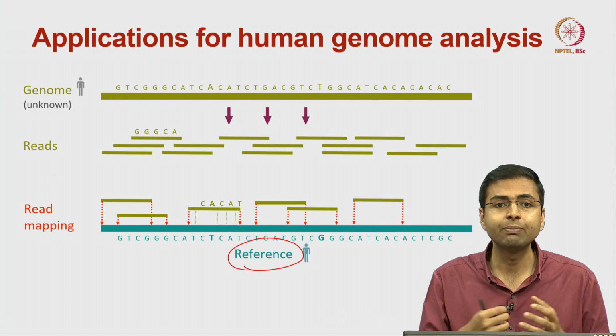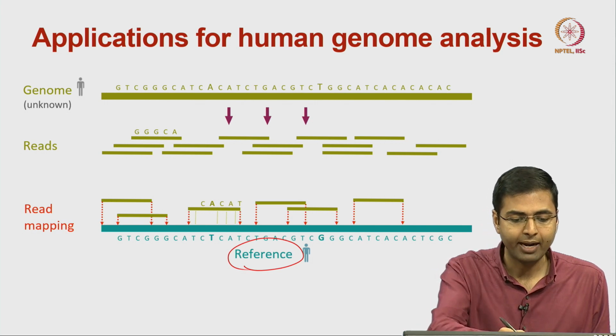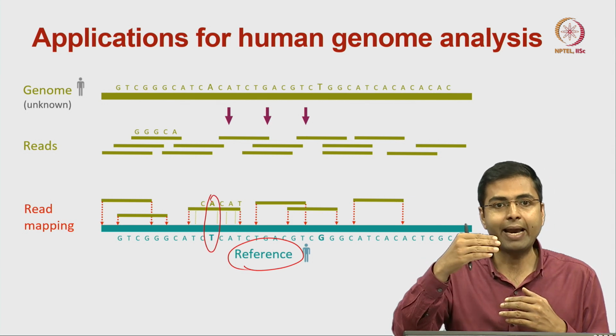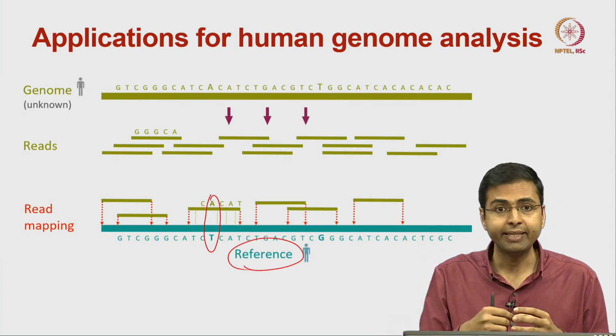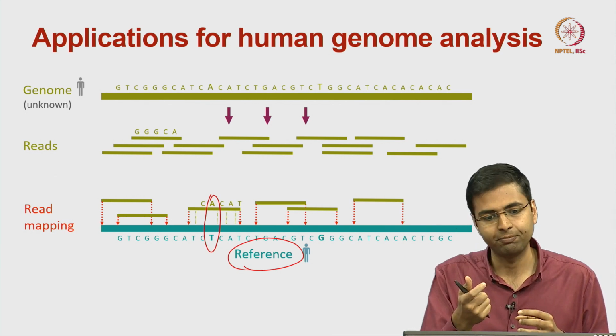The purpose of this mapping is that whenever these reads are getting mapped and we see some difference between the reads and the reference genome, that is where we know that mutations are happening in the genome sequence.